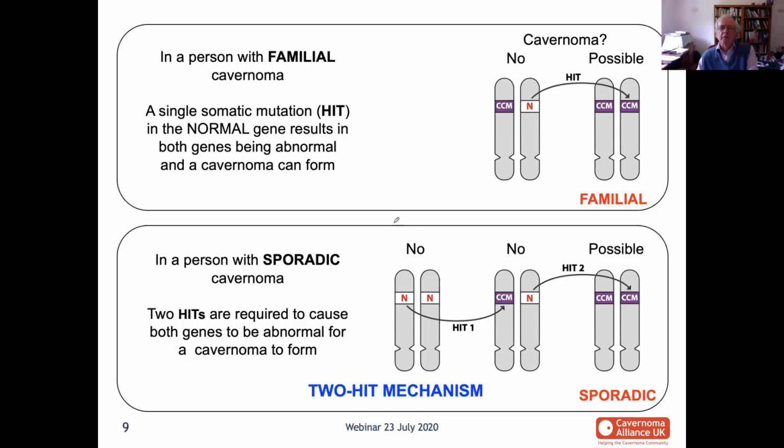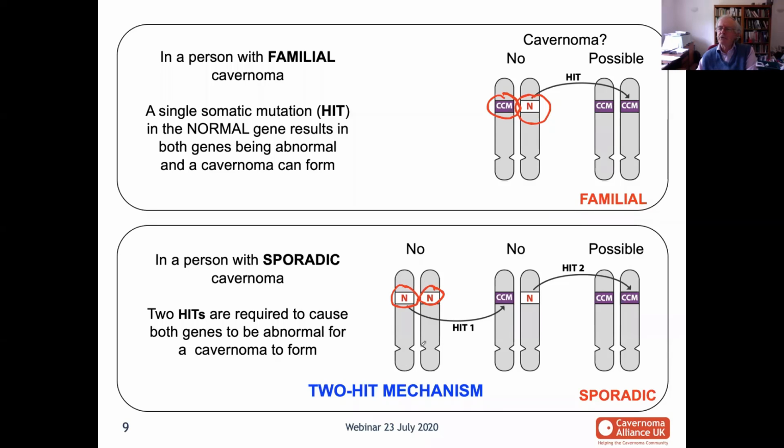Right. A familial person is born with an abnormal gene: they have one gene from one of their parents as the abnormal one, and one from the other parent as a normal gene. If you are born without the familial form, both the genes for this Cavernoma gene are normal.